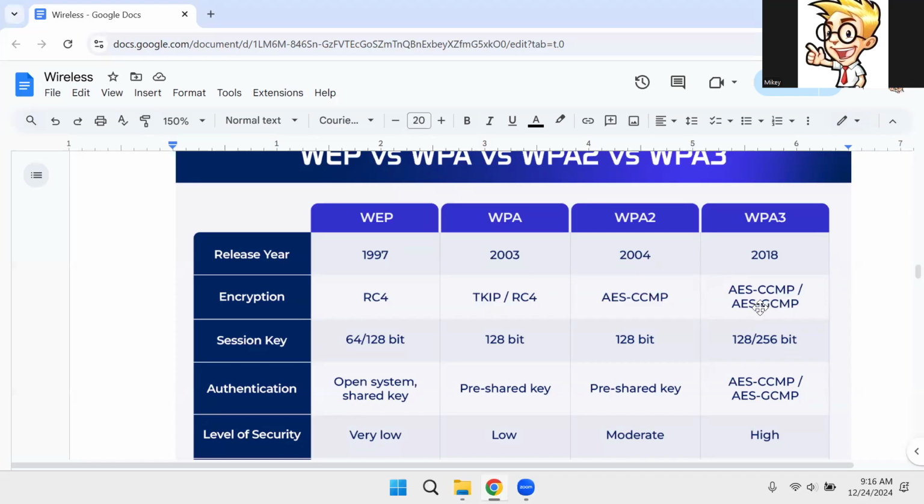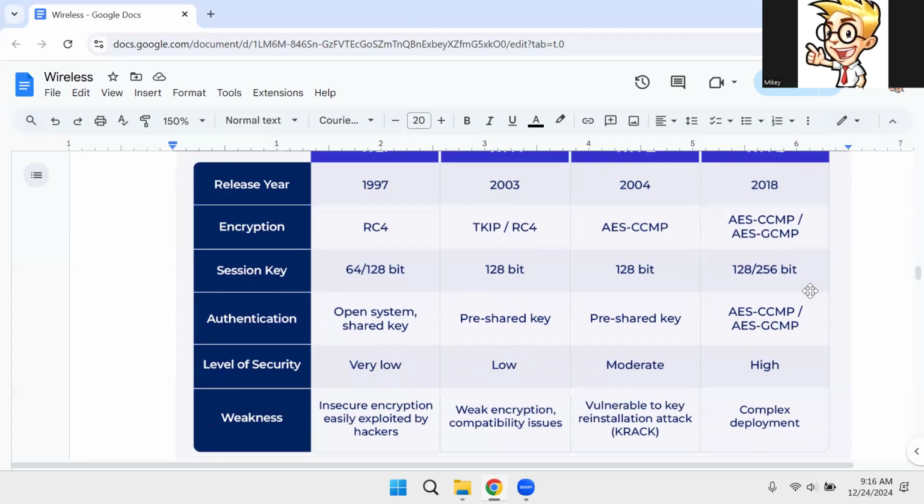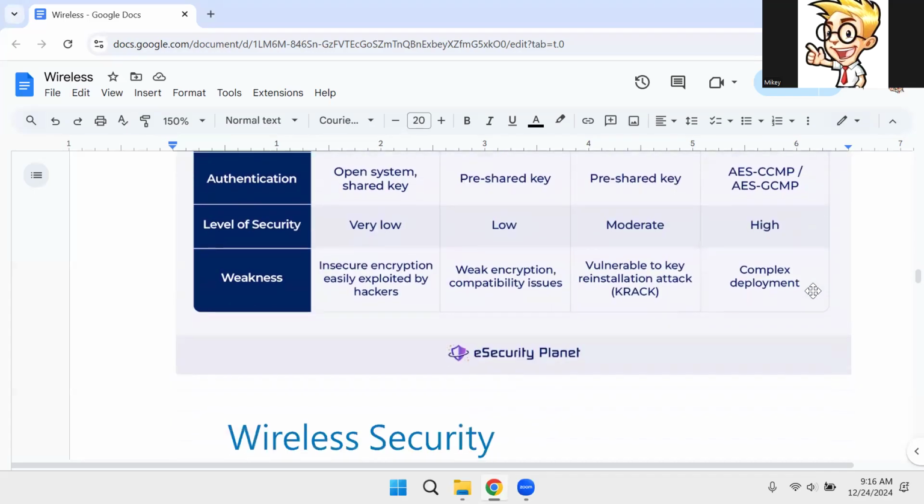I know that GCMP is newer, for WPA3, and then here's the level of security. WEP is incredibly insecure. The IVs were cracked a long time ago, and it displays the key after you have so many IVs. WPA3 is the most secure but susceptible to a dictionary attack if you capture a handshake.